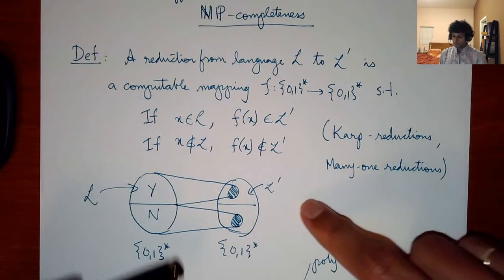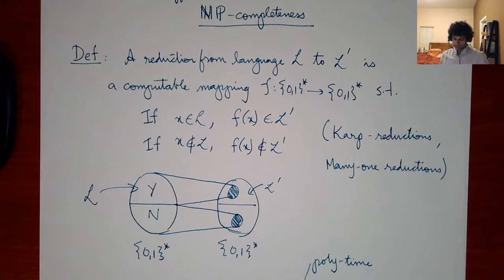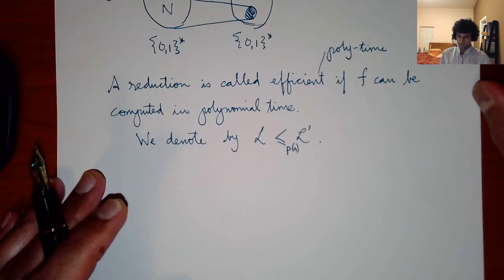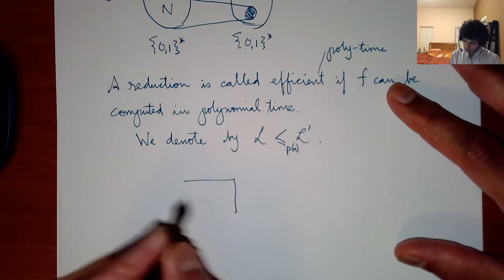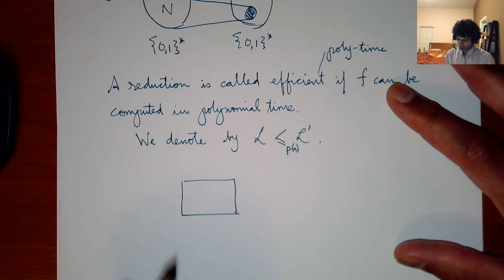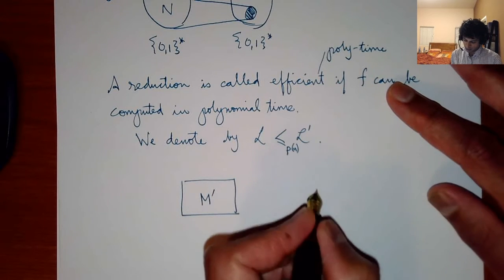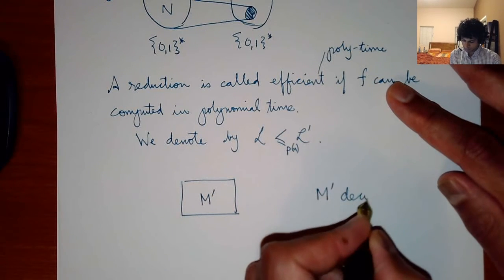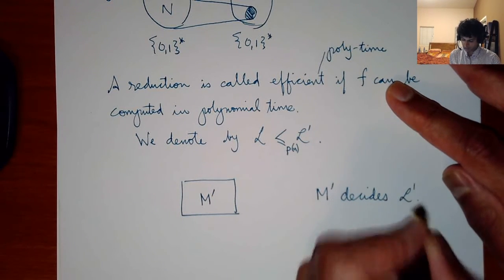Let me draw a picture. I think this will make sense. Here is a Turing machine. I'm going to call this Turing machine M prime, and M prime decides L prime.